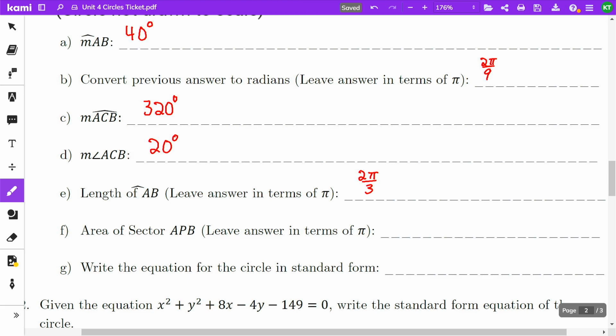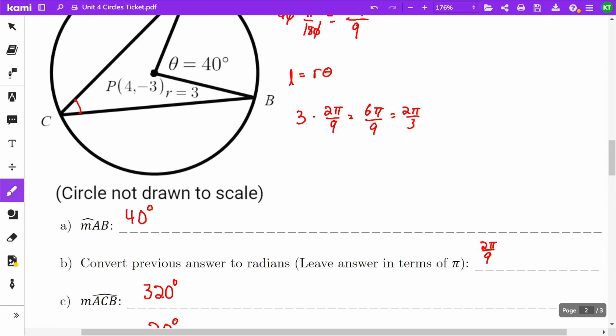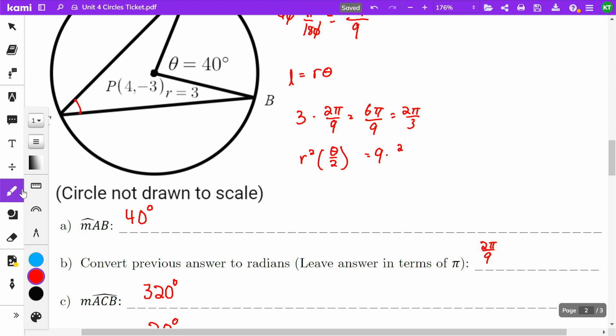Then we're going to find the area of our sector. Again, I'm going to be using the radians formula for that. So instead of pi r squared, it's going to be simplified down to just r squared theta over 2. So that's going to be equal to 9 times theta, which we said was 2 pi over 9, divided by 2.